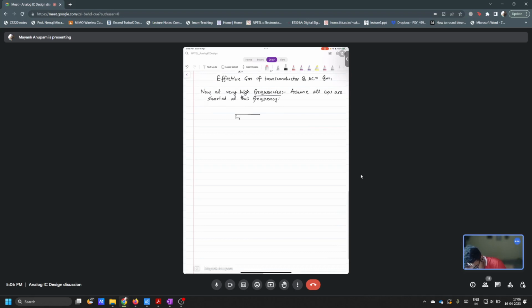We had the circuit, right? And I will assume that M0 is basically a current source. I'll represent it as a current source. And this is delta V by 2, this is minus delta V by 2.